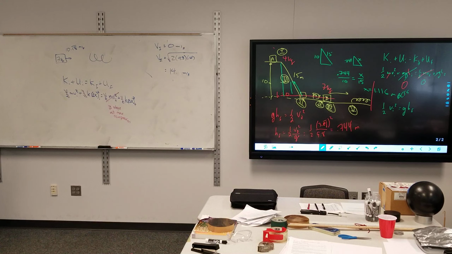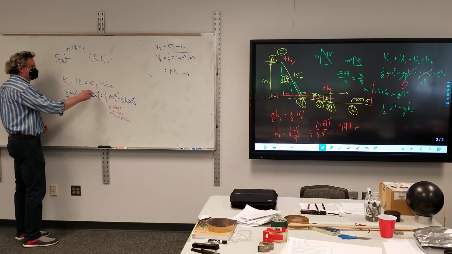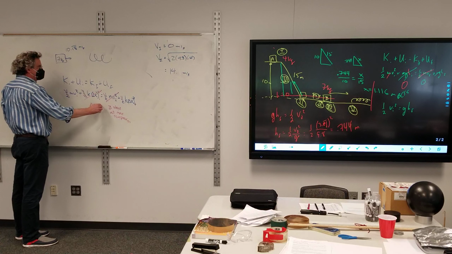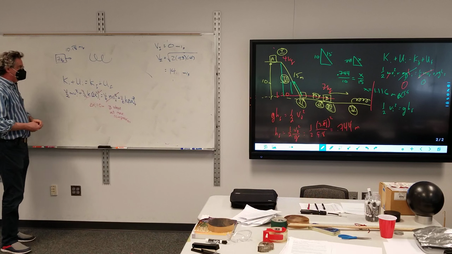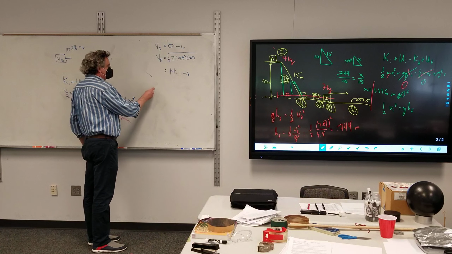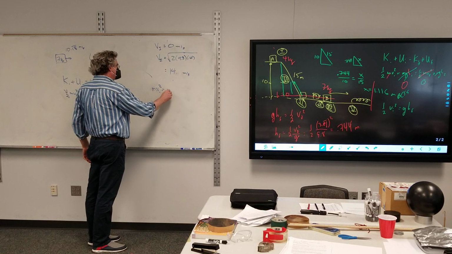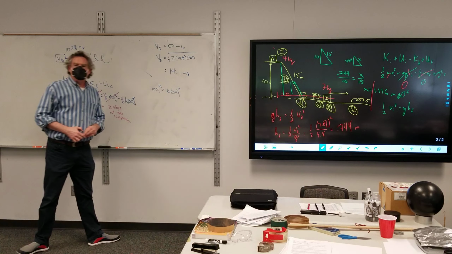And we can get rid of one more term. The initial displacement? Yes. The spring is just sitting there. So we have now reduced this to something much simpler. Mass times initial speed squared is equal to k times the final displacement squared.